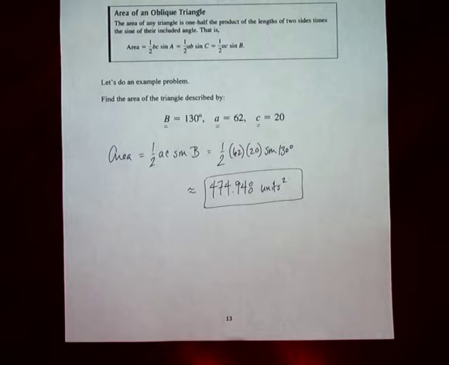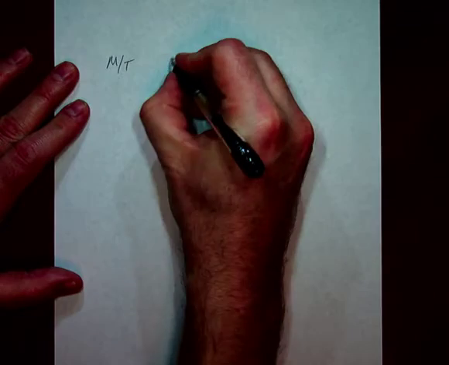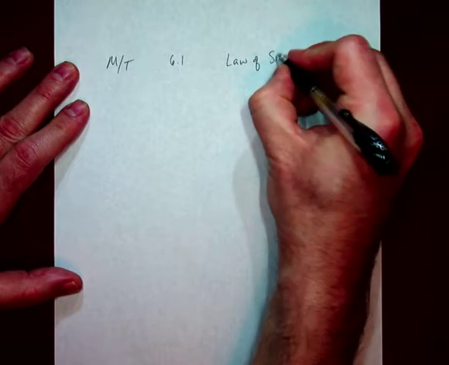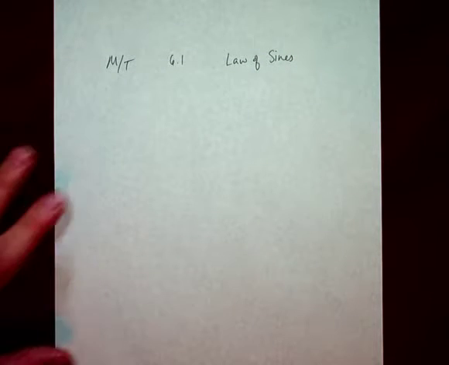So this is the last week, and I usually don't do this on the YouTube videos, but since nobody was in class today, let me go ahead and detail where things are headed in the next few days. Basically, Monday and Tuesday is 6.1 law of sines, and of course your week 5 quiz is due tomorrow.